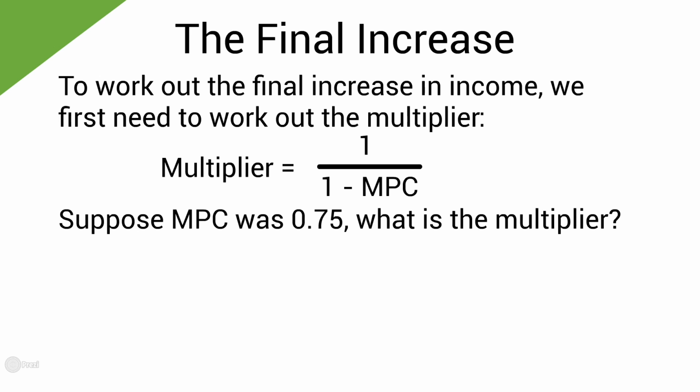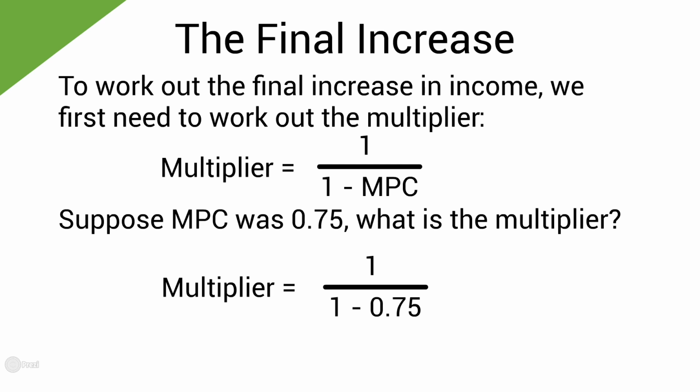Suppose the marginal propensity to consume was 0.75. What is the multiplier? A value for marginal propensity to consume of 0.75 means that you will consume 75% of the additional income that you gain. We can now plug the value of marginal propensity to consume into our multiplier formula, which gives us 1 divided by 1 minus 0.75, which is 1 divided by 0.25, which gives us a value of 4.